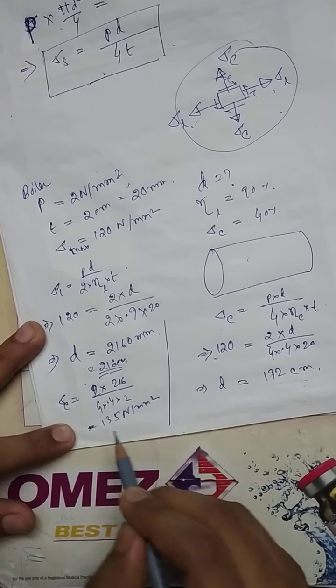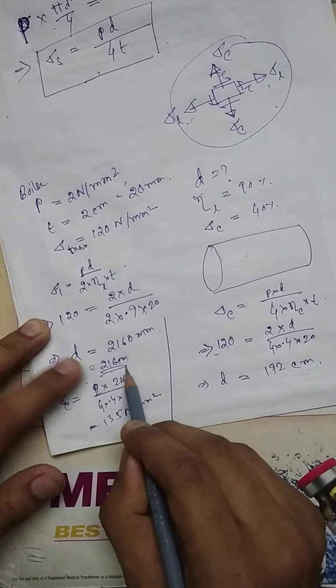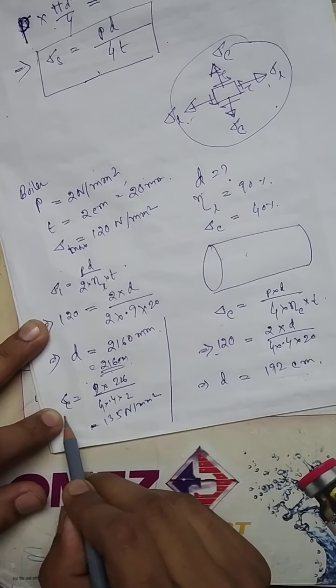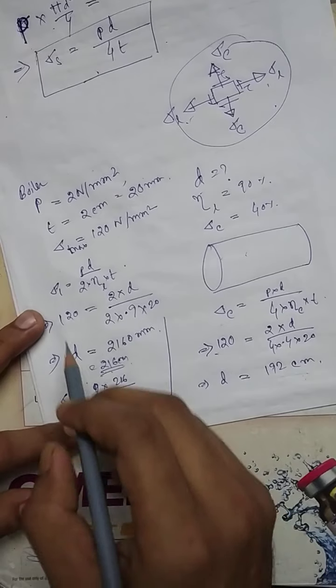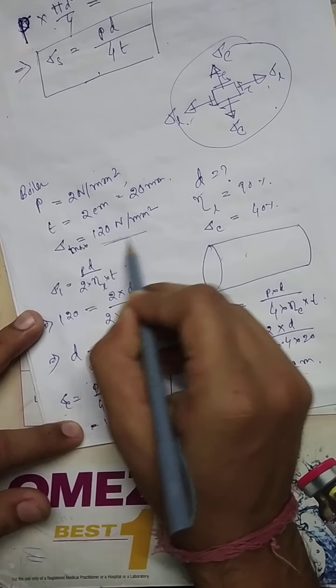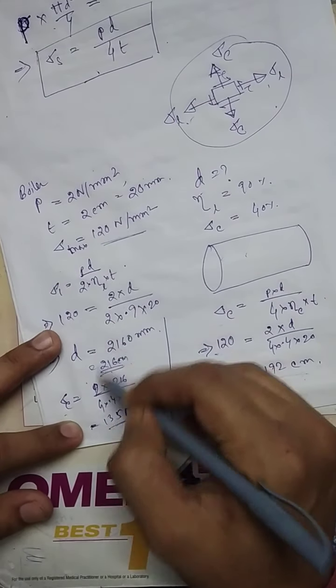So if we take D equal to 216 centimeter, then the circumferential stress generated will be 135 Newton per mm square, but the maximum value is 120 Newton per millimeter square. So this design will of course fail.